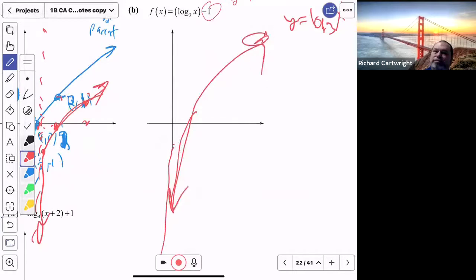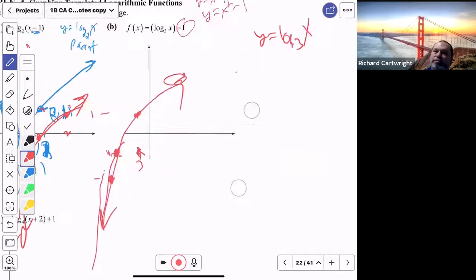I still have (1, 0), but now I have (3, 1). And then the negative 1 is where I'm going to have a 1/3 there.